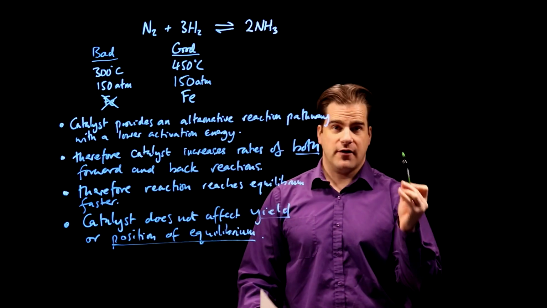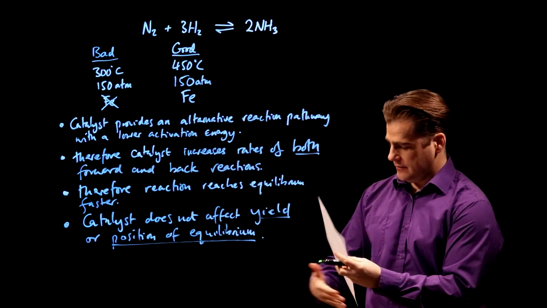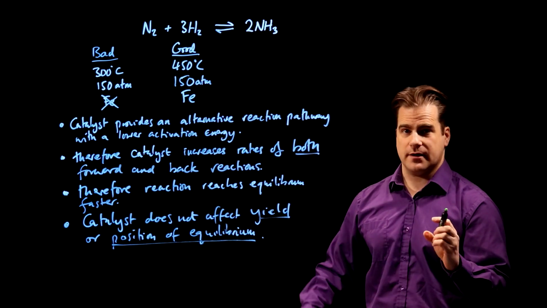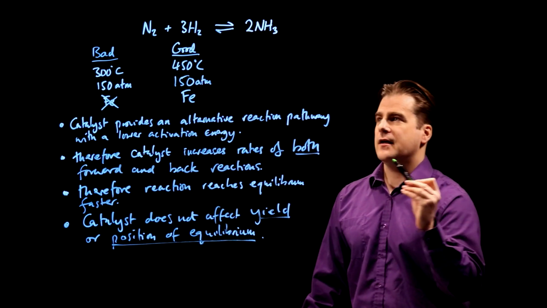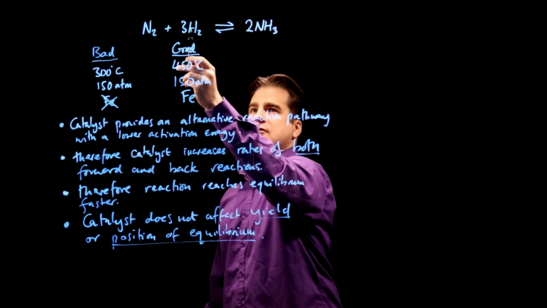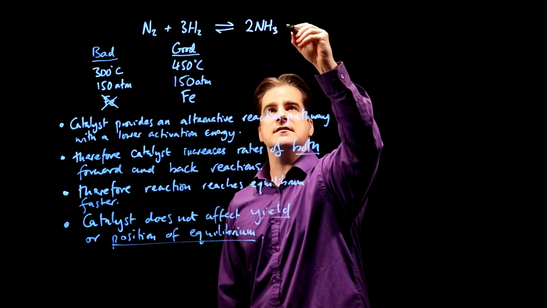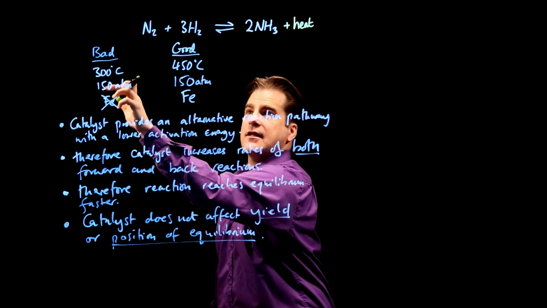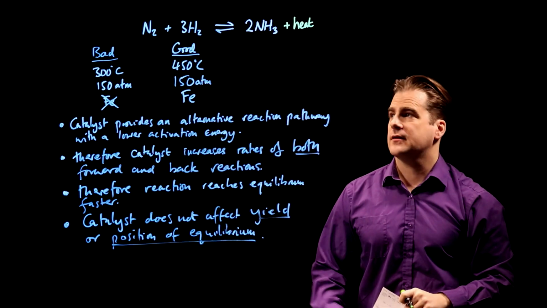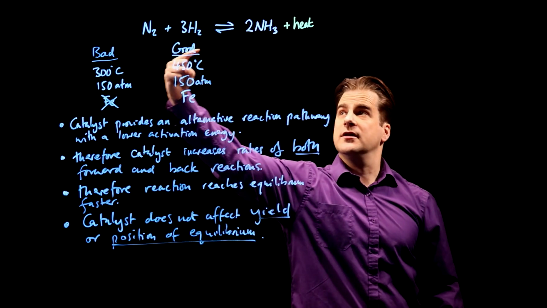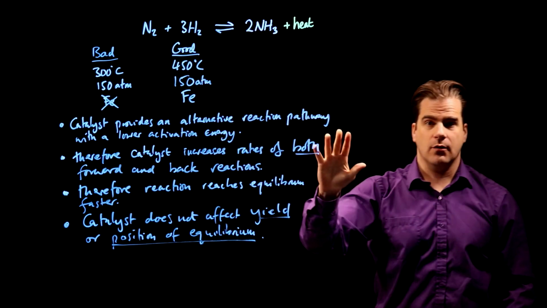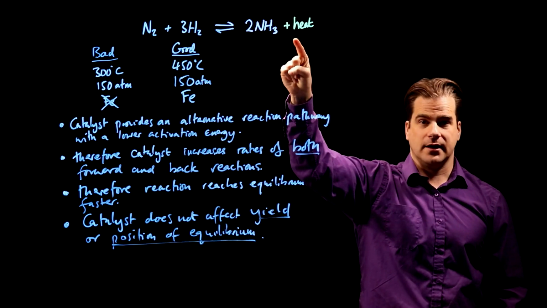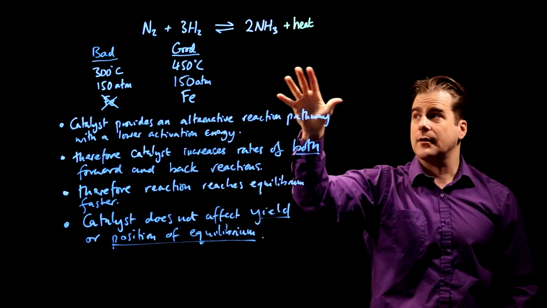Now at the very beginning of this question, it told you that the reaction between nitrogen and hydrogen is exothermic. It means there's heat being released in that direction, okay? So, write plus heat down on the correct side like I did, okay? Get in that habit. That will really help you.